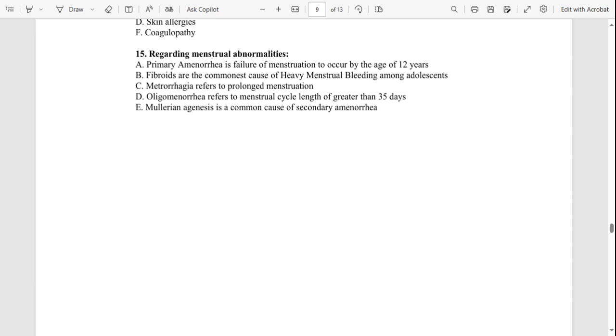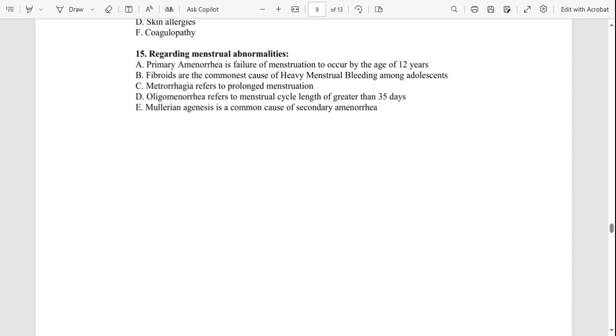But when they say primary amenorrhea, from what I was reading, it means that your amenorrhea is coming as a result of a defect, for example in the vagina or other structures that are supposed to lead to menstruation, but they are not functioning. That's what refers to primary amenorrhea. So that's the reason why I would not go for it.